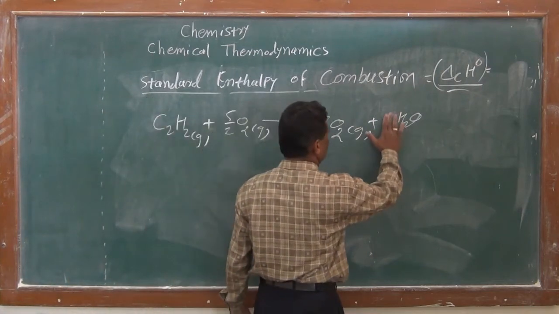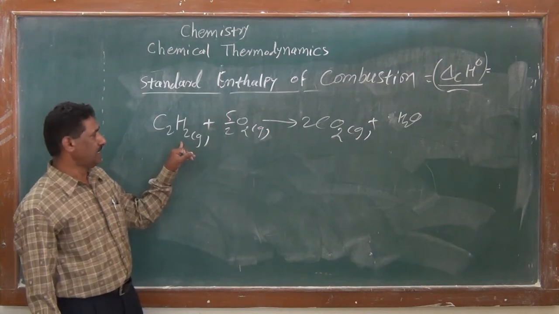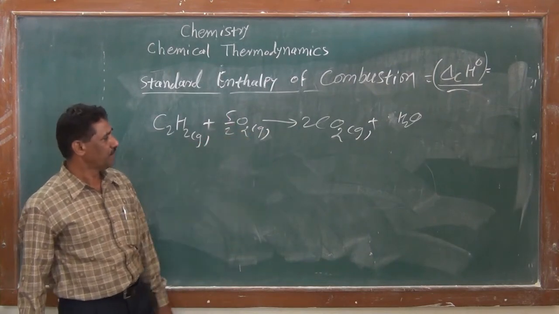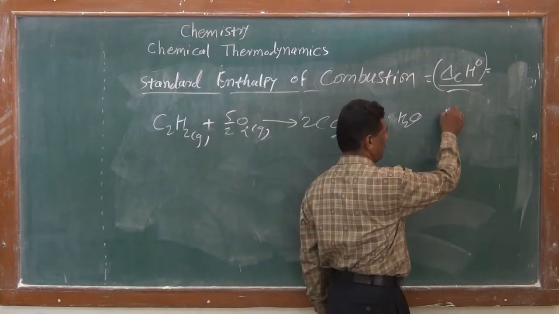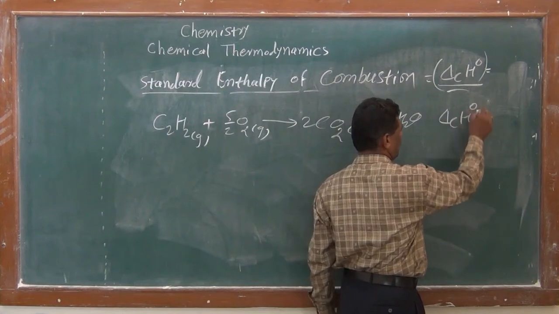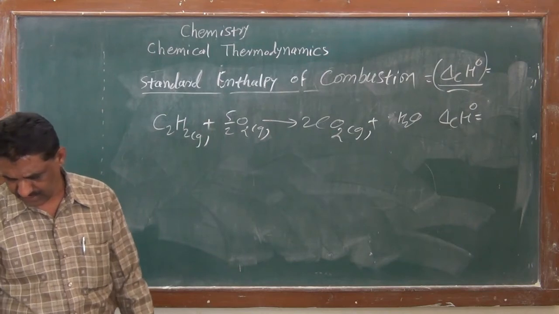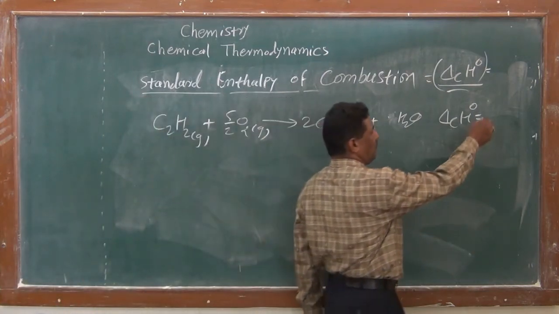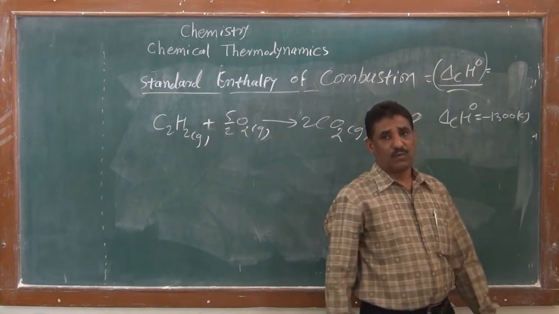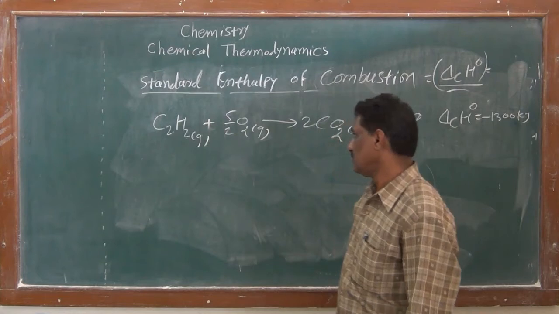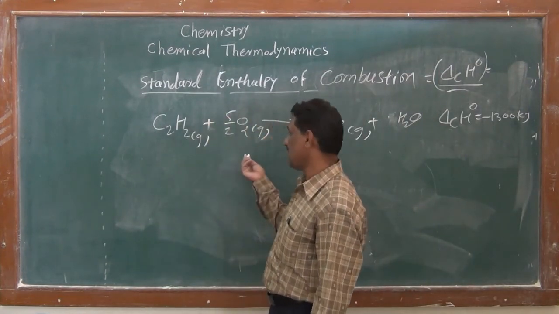Here in this reaction, C2H2 acetylene plus O2 gives CO2 and H2O, and delta CH0 is equal to minus 1300 kilojoules. 1300 kilojoules means 1 mole of compound is completely oxidized.